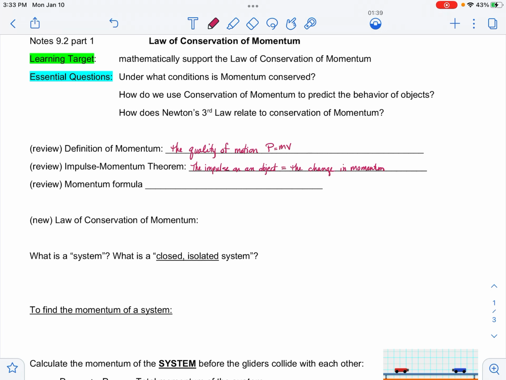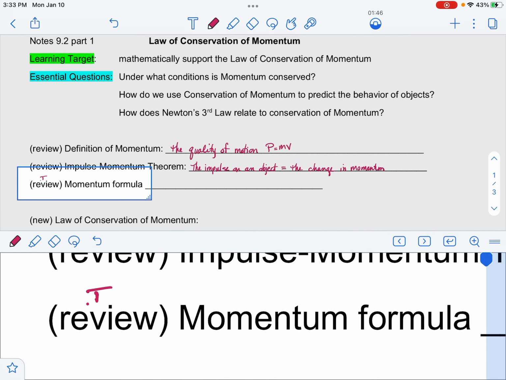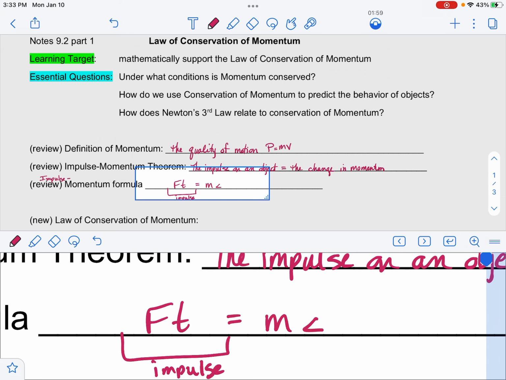All right, and our impulse momentum formula, I should change this. Impulse, sorry, I didn't notice that. The impulse momentum formula: F t, that's impulse, is equal to m delta v, that's the change in momentum.